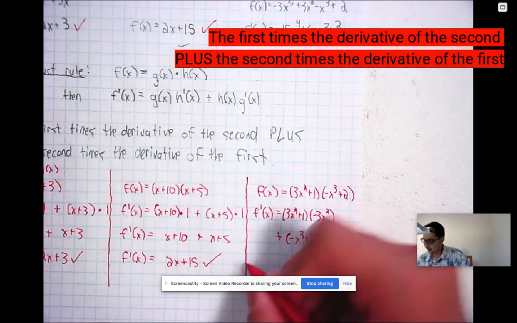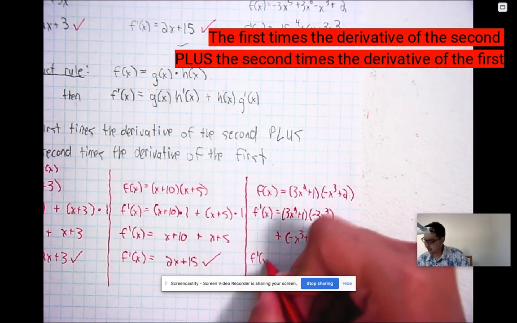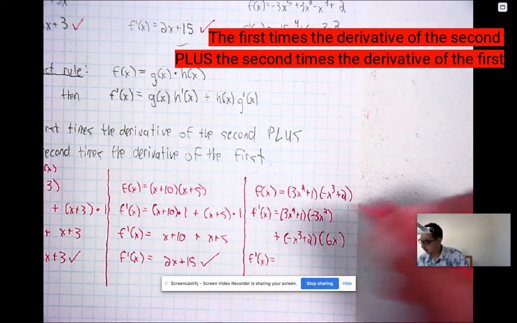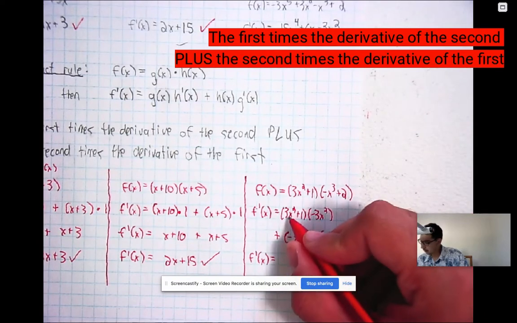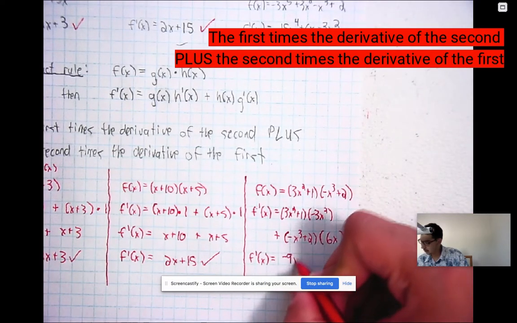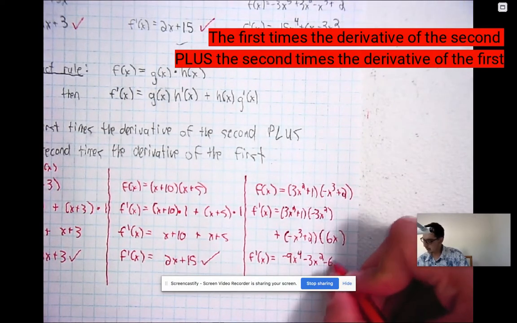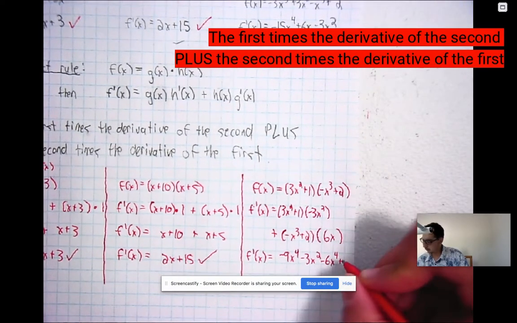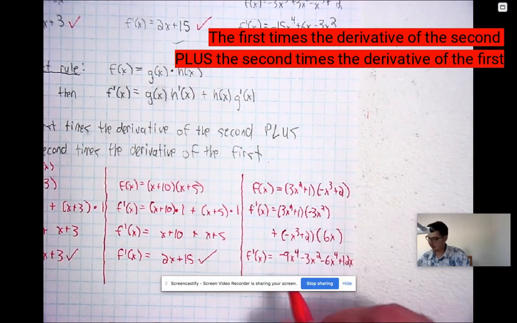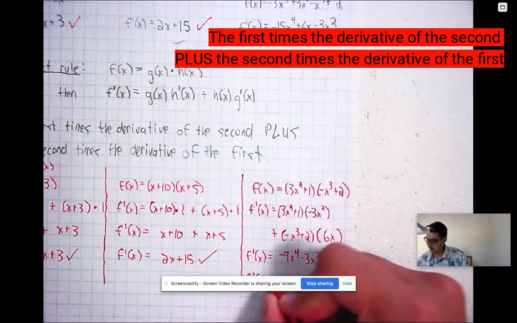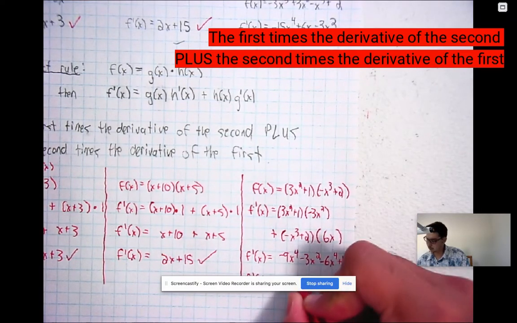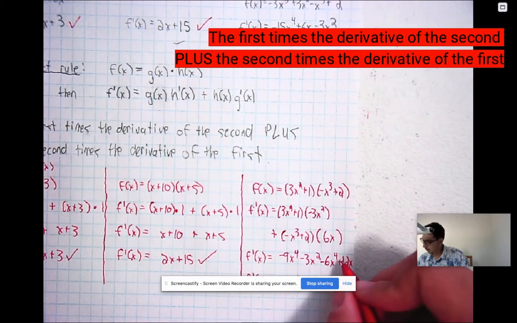And if we clean this up a little bit, we would have f prime of x is equal to, multiplying that out, negative 9x to the fourth minus 3x squared minus 6x to the fourth plus 12x. And putting this together, we would have f prime of x equals negative 15x to the fourth plus 12x.